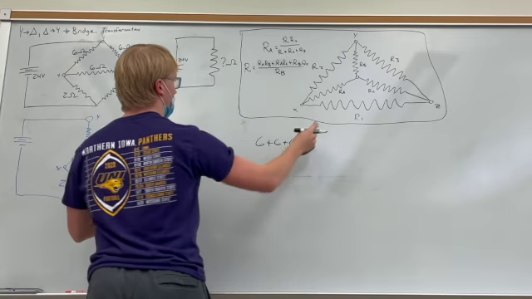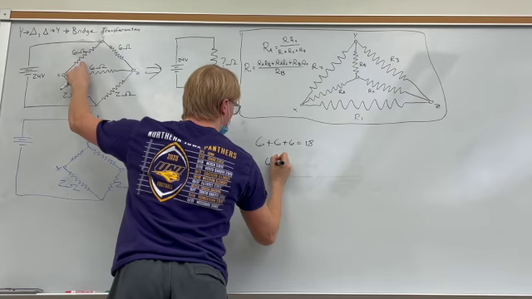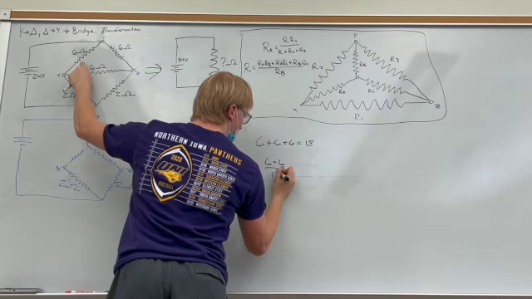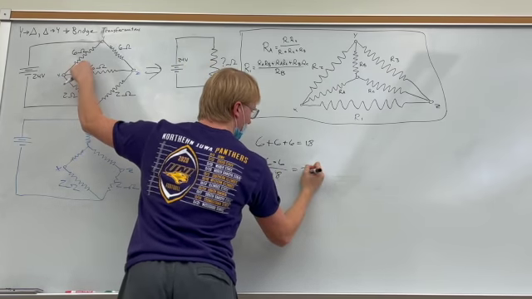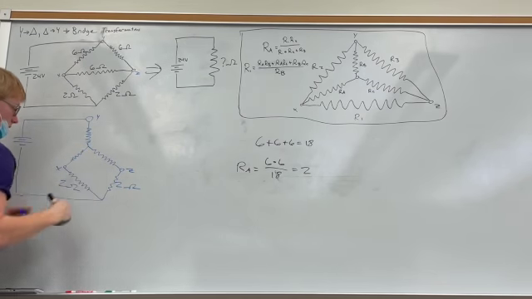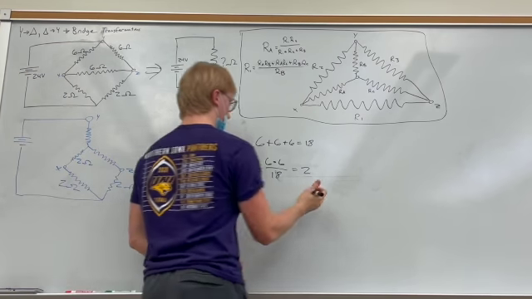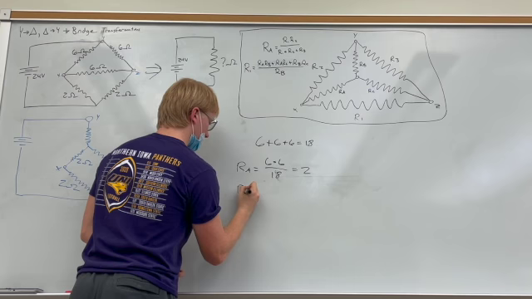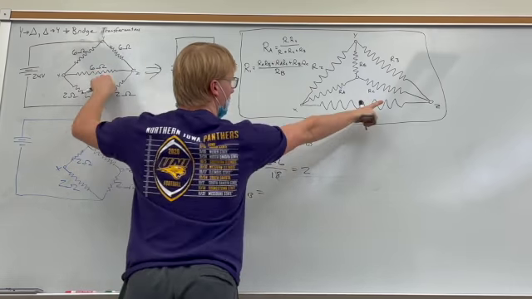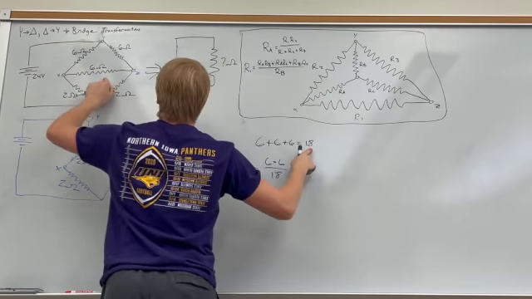So RB, right here, is going to be R2 times R3 over 18.